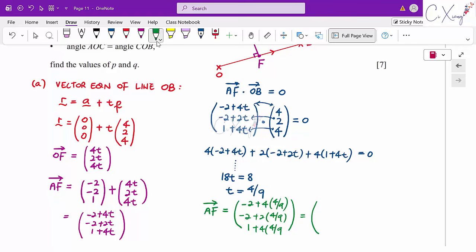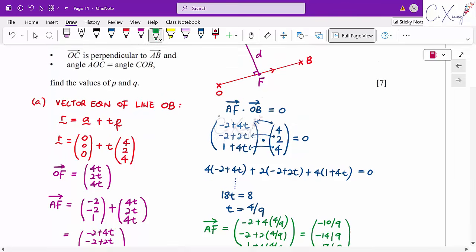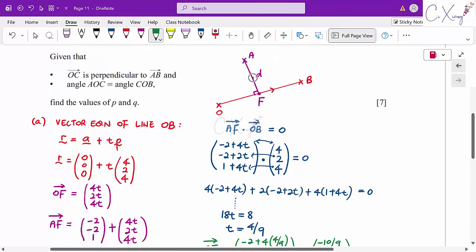By right, you shouldn't get a very nice number. What you get is negative 10 over 9, then negative 14 over 9, and also 17 over 9. Then the perpendicular distance is d, which is also the magnitude of vector AF.